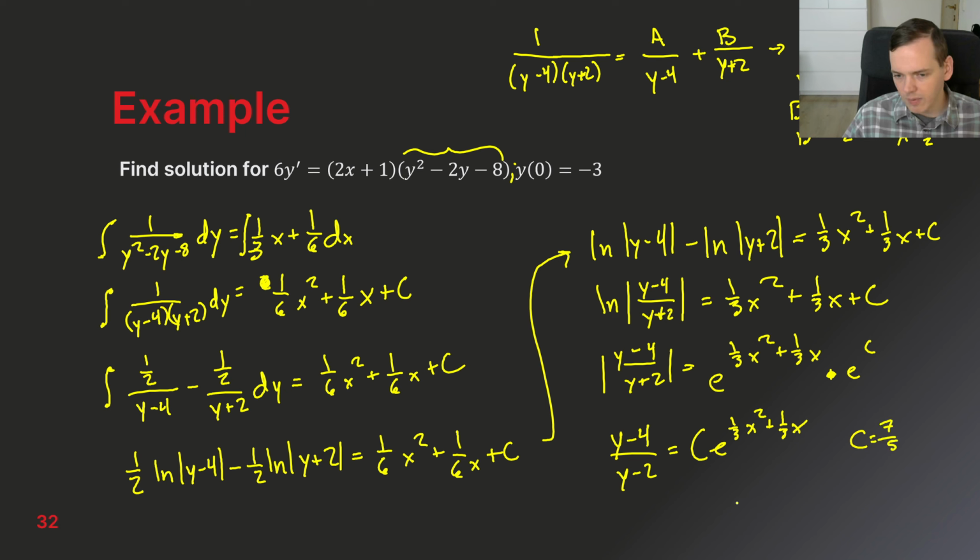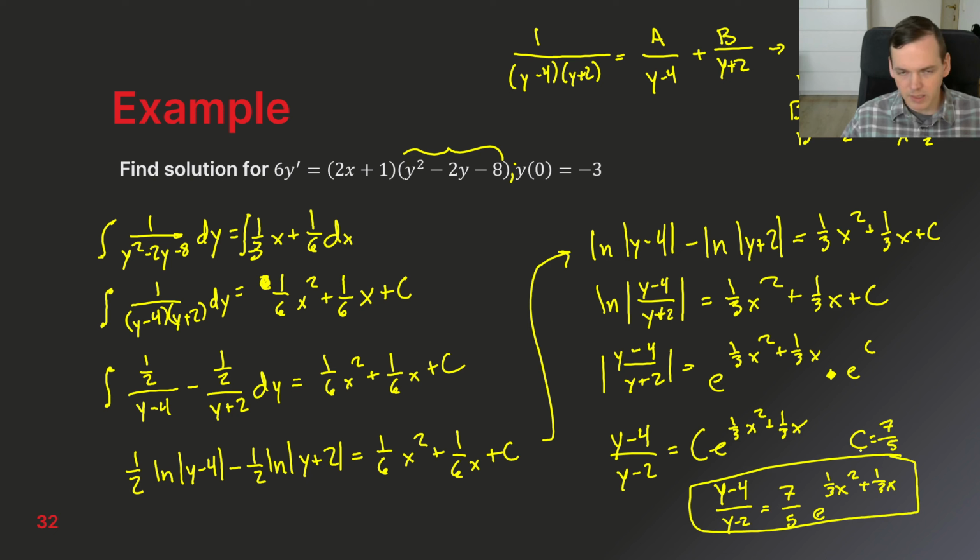So y minus 4 over y plus 2 is equal to 7 e to the x squared plus x. This is probably a bit more complicated than you'd expect to be asked to do on the AP test, but it does give you a good sense of everything that could be involved. You could have complex integrals and then some kind of complexity when algebraically cleaning it up.